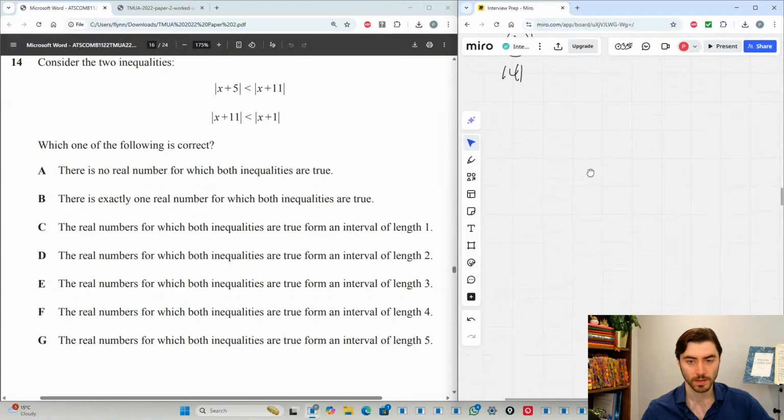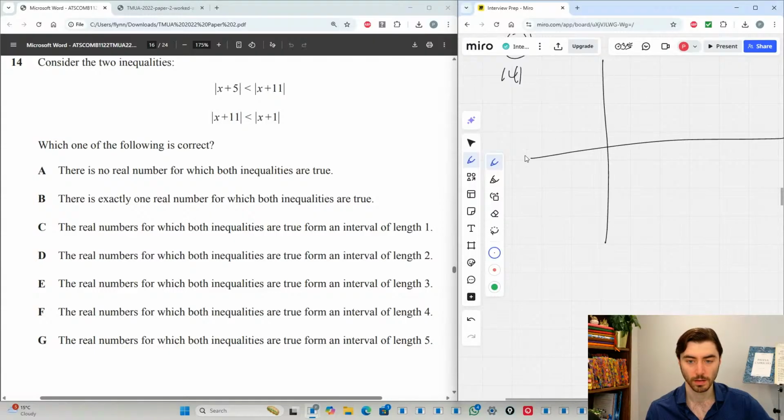Okay, so where is that true? Let me sketch these. Modulus of x plus 11, something like that. x plus 5, something like that. And these are parallel.